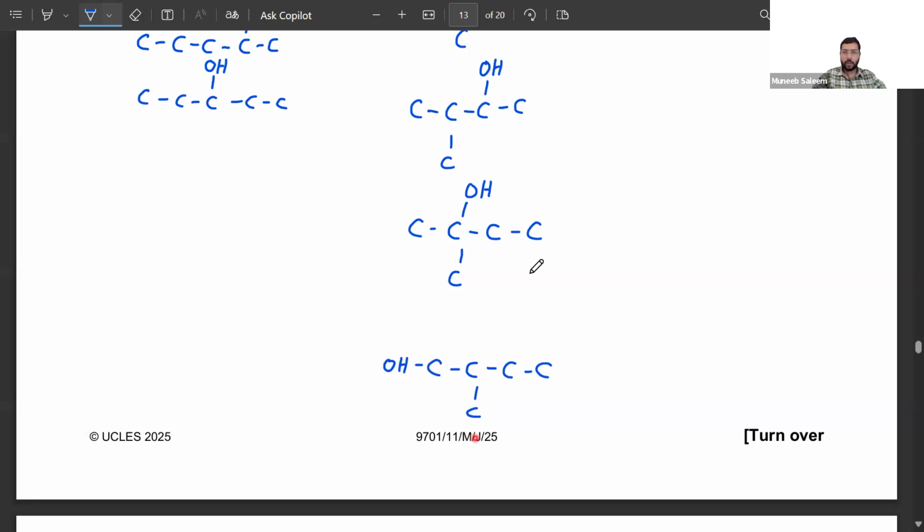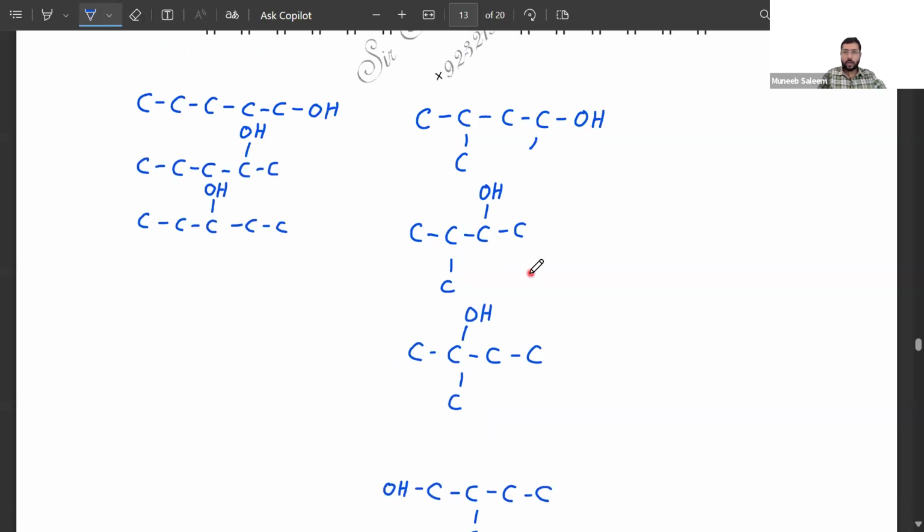Now I have this as another part. This is the other variation in the isomer. Now the last one is that if I have this combination of the carbon atoms, in this combination I have only one position to put OH.